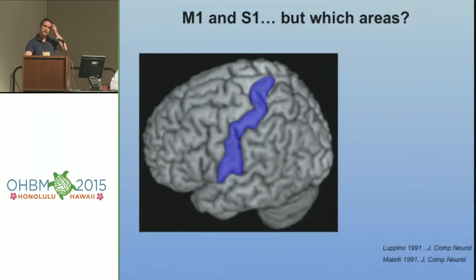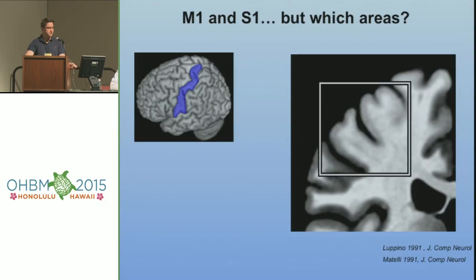But if we look a little bit closer, then it does actually matter quite a bit where we are. And this really comes down to the seminal studies by the Parma group in the early 90s that did very detailed investigations in non-human primates.